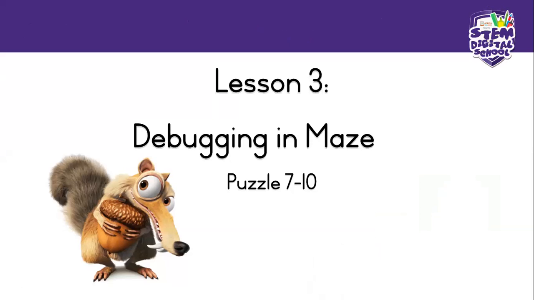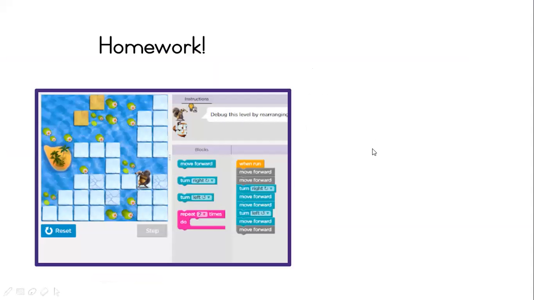Then you go and you debug it by following step by step. What does the code do? Where it went wrong. So maybe you have to remove a block, or sometimes you have to add a block. And then you get the code to work as it's supposed to, and that is what debugging is.